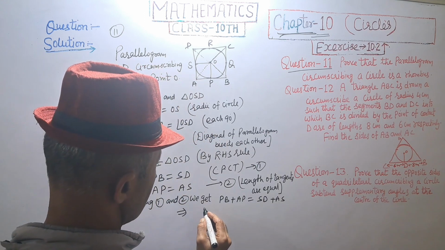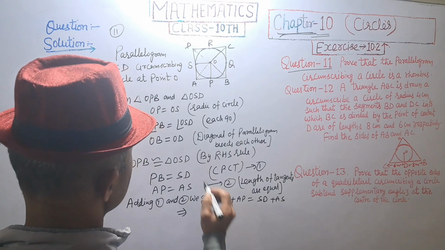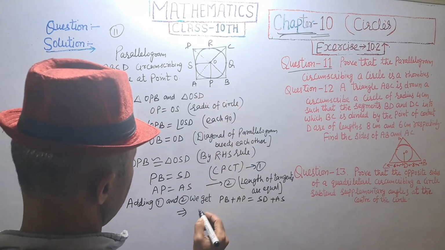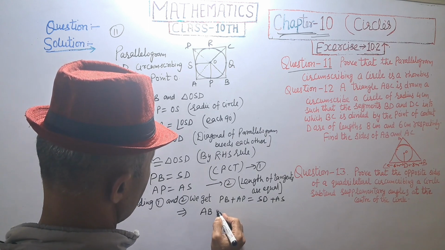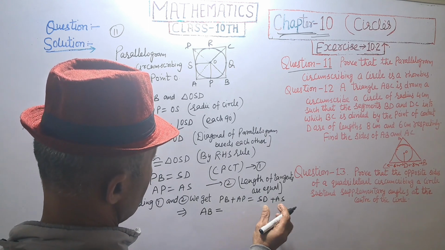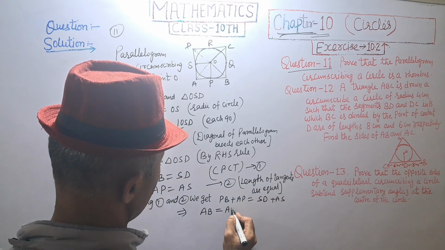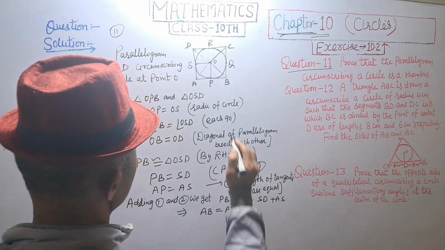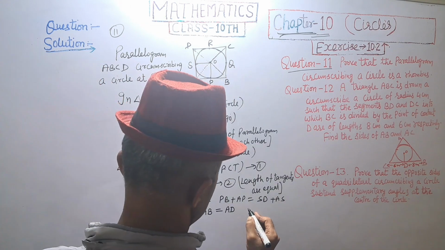This implies AP plus PB is equal to AB and AS plus SD is equal to AD. So AB is equal to AD.